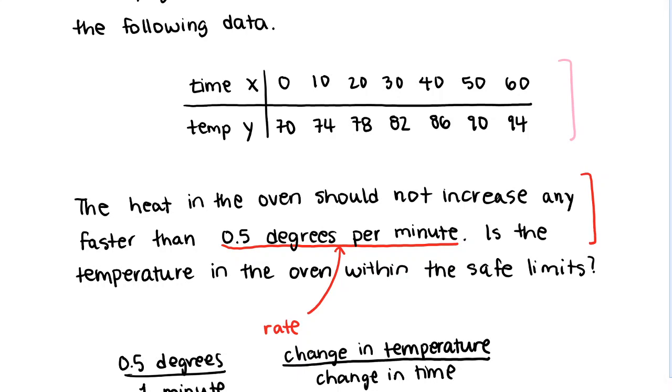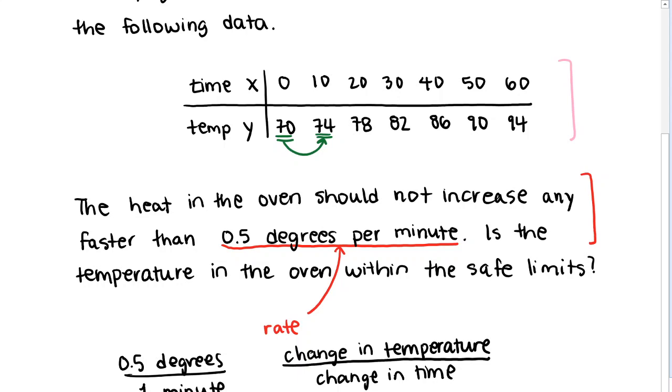If I look at this temperature of 70 degrees at 0 minutes, I want to figure out how much the temperature increases for every minute. I need to actually look at two different data points, right? I need to look at another point where I can see how much the temperature increased. How fast is this temperature increasing?